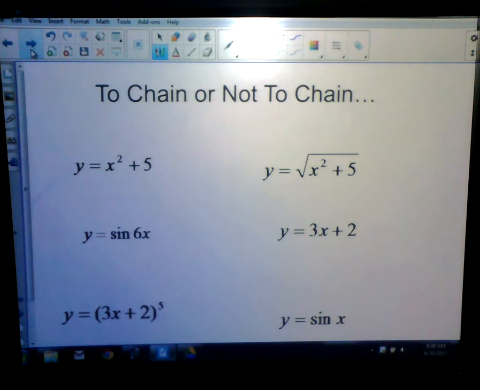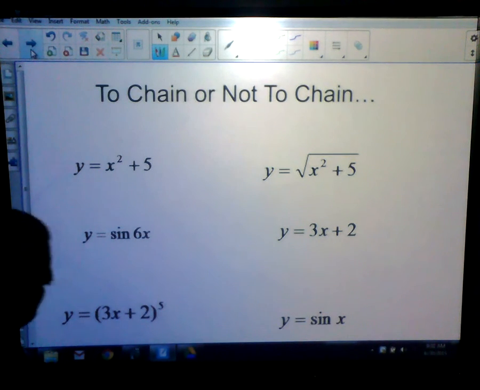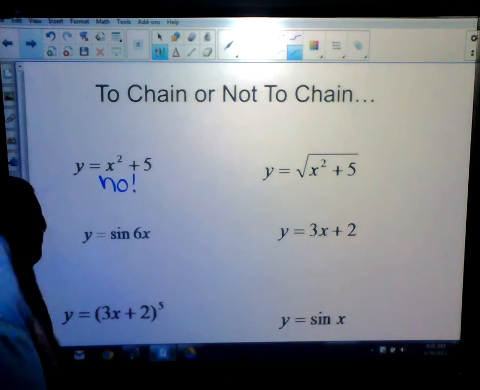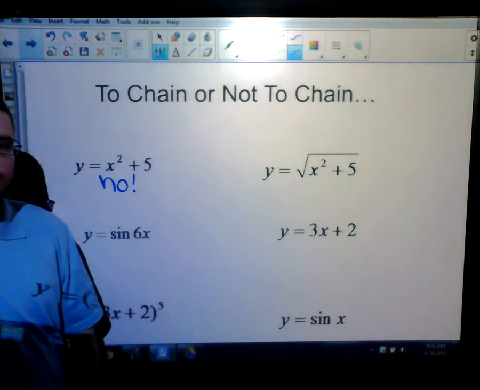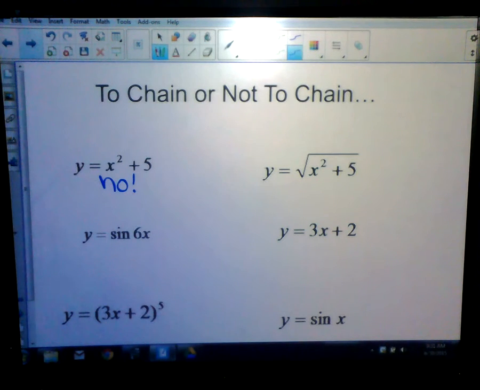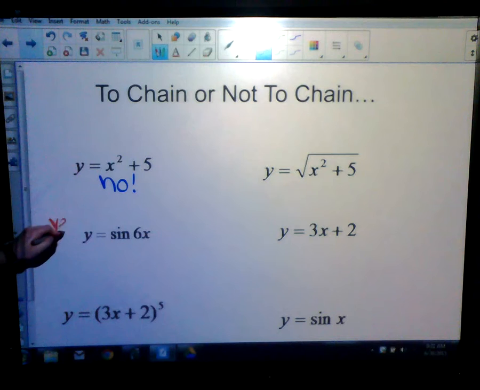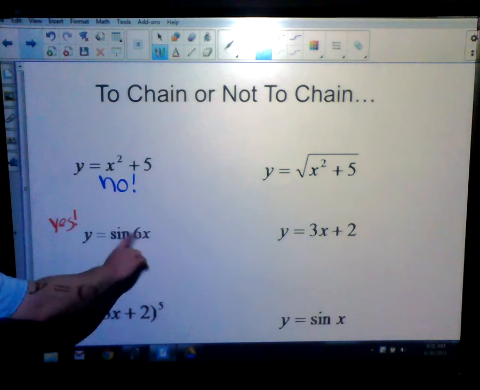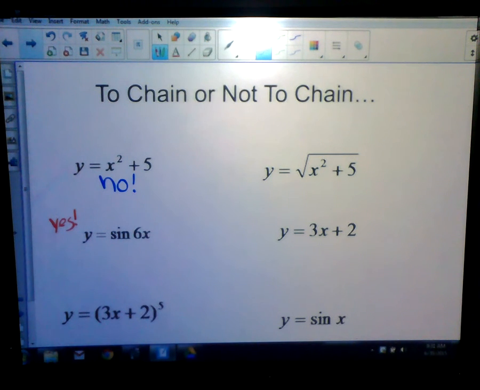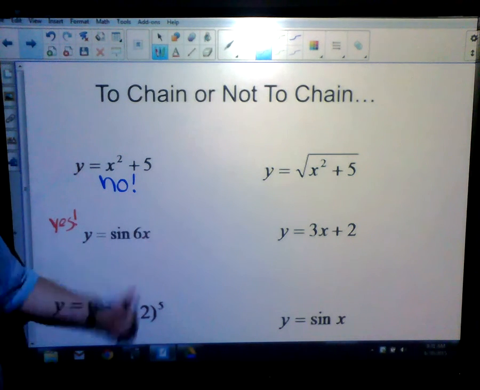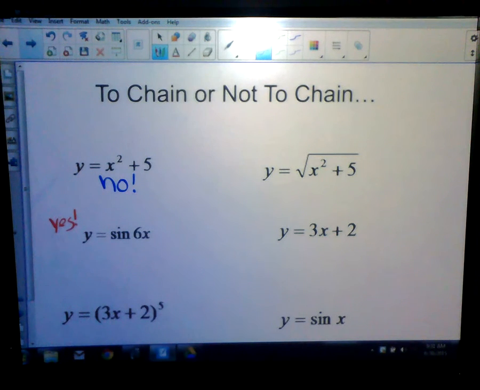Some problems are chain rule problems and some are not. For example, this is not a chain rule problem. There's not one function inside of another one. This one, though, is. Let's talk about this function. What's the outside part of this function? Sine. What's the inside of this function? 6x.